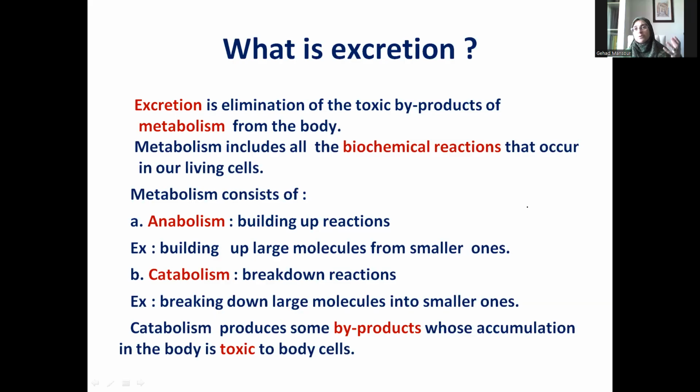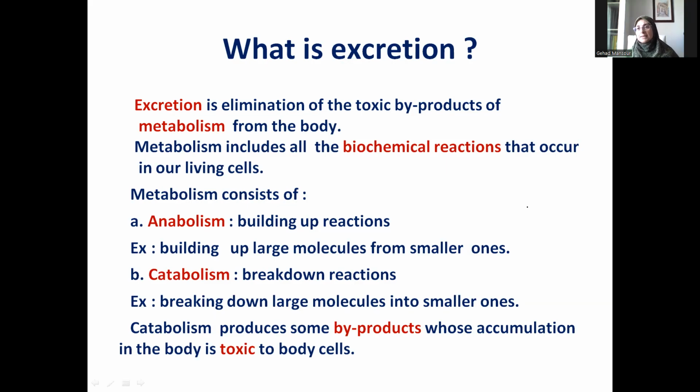So if I give you a reaction where you have an amino acid that is broken down into urea, ammonia, and uric acid, then this would be a catabolic reaction. If I give you a molecule of glucose that is broken down into carbon dioxide, water, and energy is released, this is another catabolic reaction.